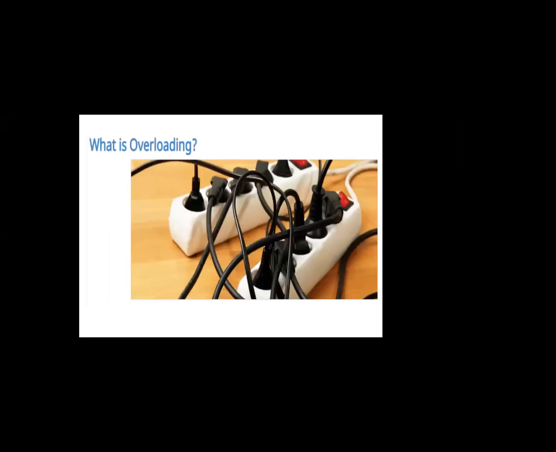Now, can you see here sockets and many appliances are connected. Such a situation is called overloading. You can see the picture here. Let us know what overloading is. Could you please read? If too many electrical appliances are used at a time, simultaneously, connected to the same socket, they draw an extremely large amount of current in the circuit.